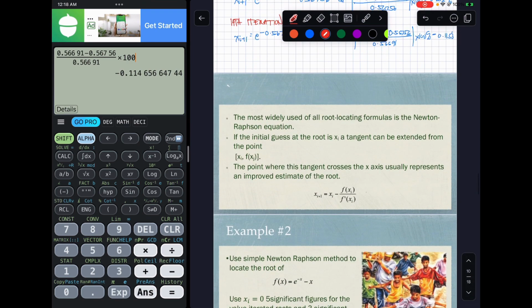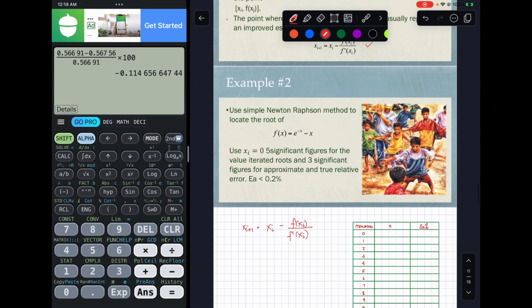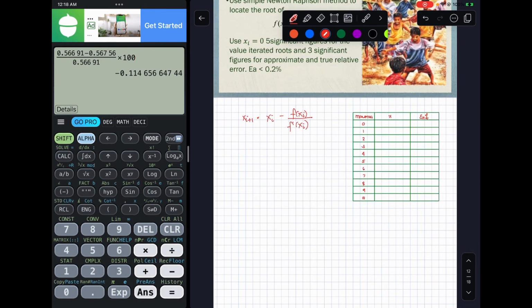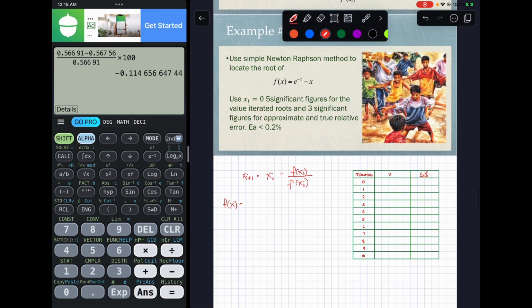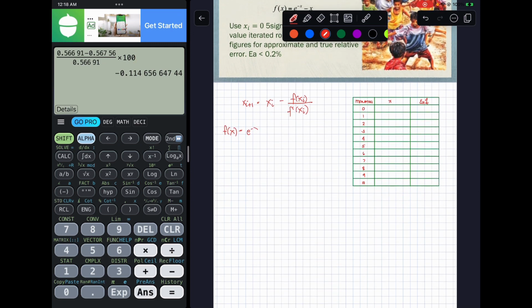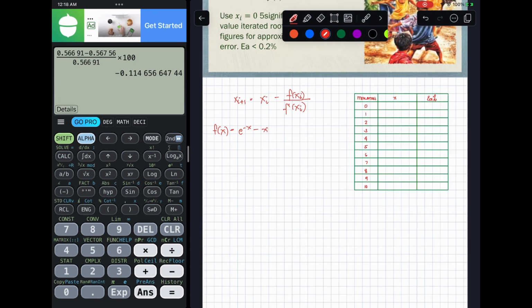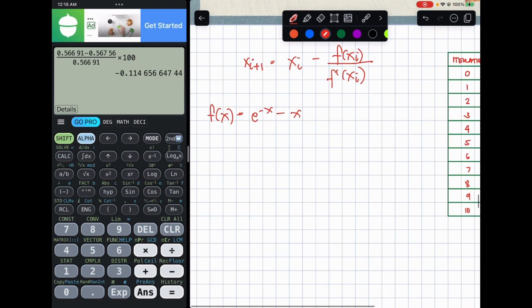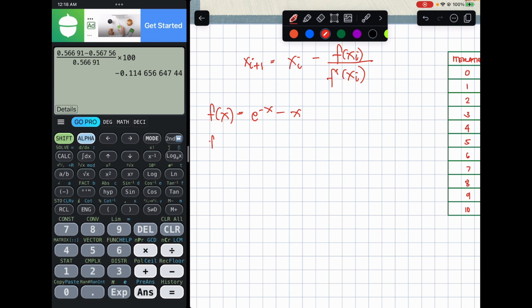As suggested by this given formula, in this case we are given the function: f of x is equal to e raised to negative x minus x. To find f prime of x sub i, we need to find f prime of x.